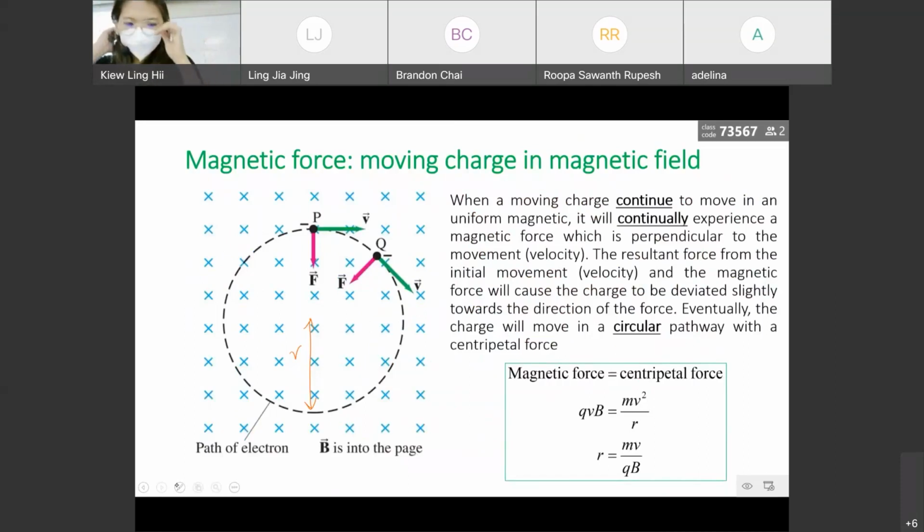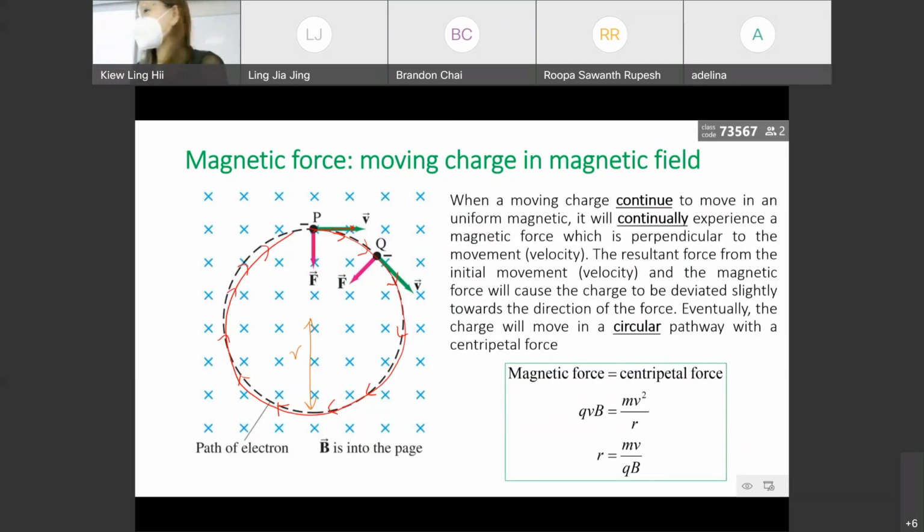So for moving charge, if it continues to move in the region with magnetic field, what will happen is it will eventually form a circular path. So if this is the direction of your initial movement, then this charge will eventually form a circular pathway like this in clockwise direction.